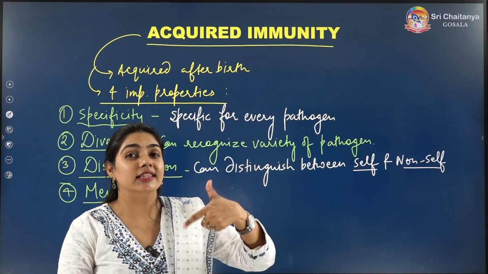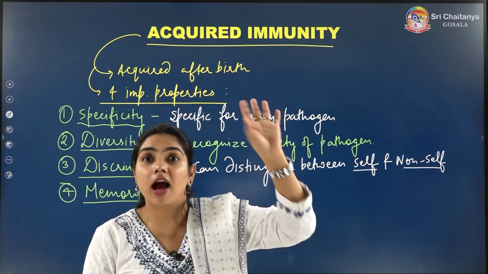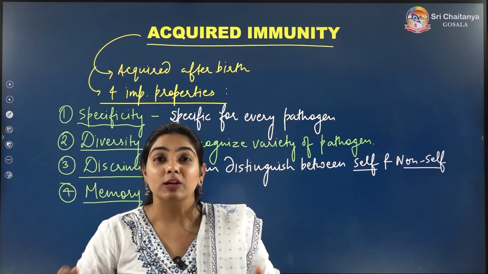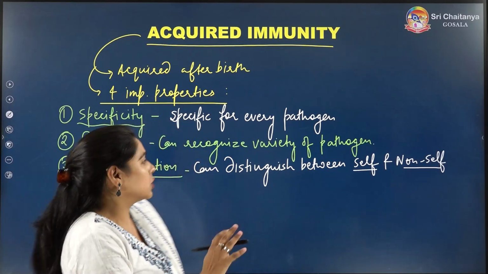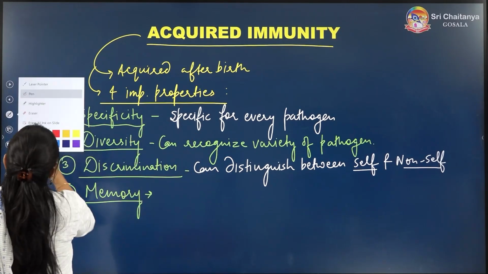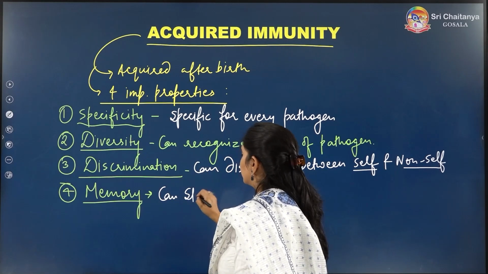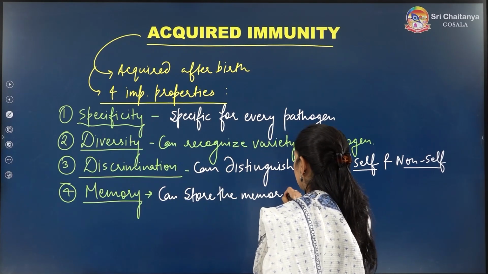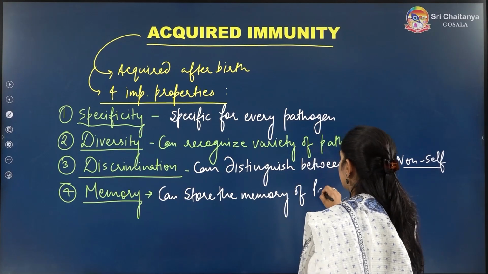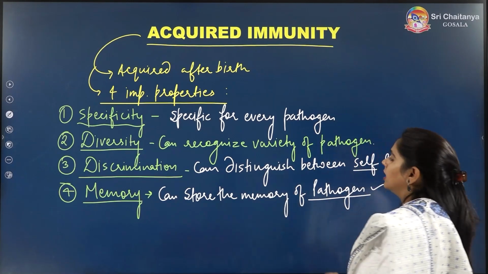But when you meet that person another time, second time or next time, you'll be like hi, how are you, like that, na? So your immune response will also be like that, okay? So memory means it can store the memory. Your acquired immunity can store the memory of the pathogen or antigen.